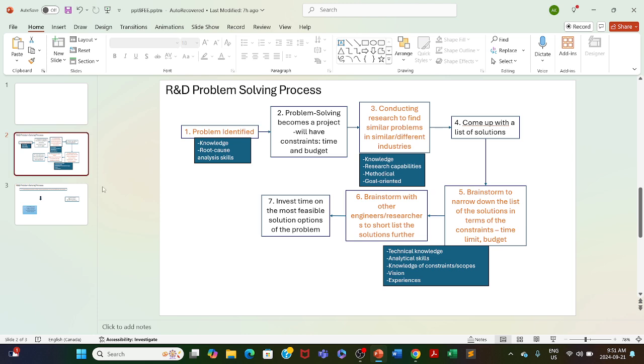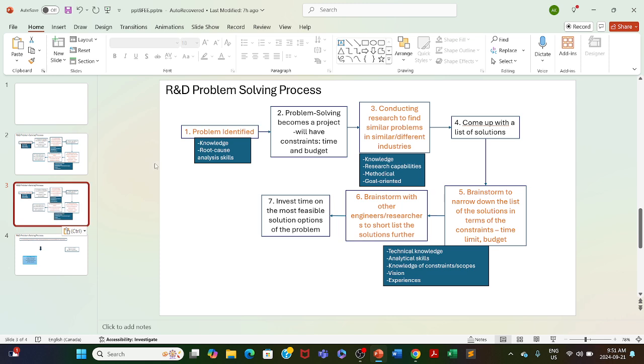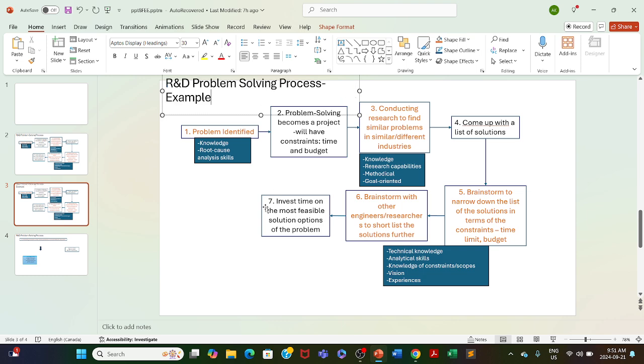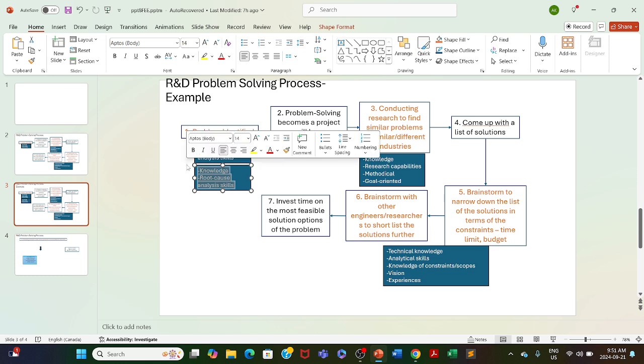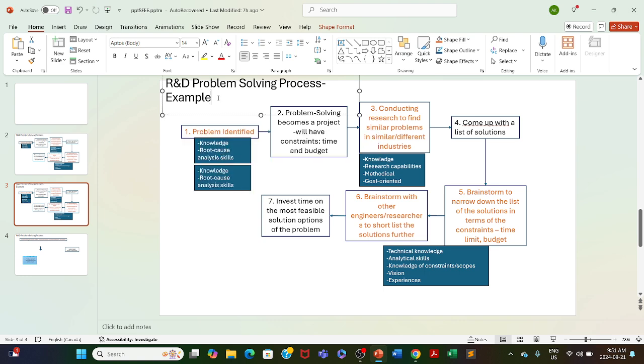So, for example, let's make a copy of this example, and then I will also make another. I will make a very practical example of an R&D problem solving process.